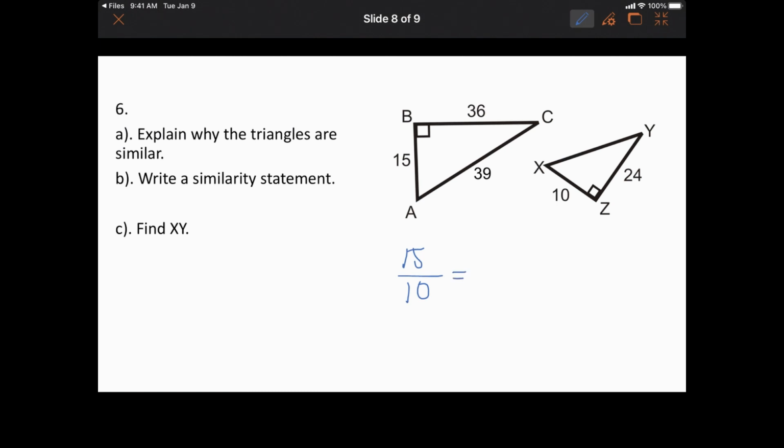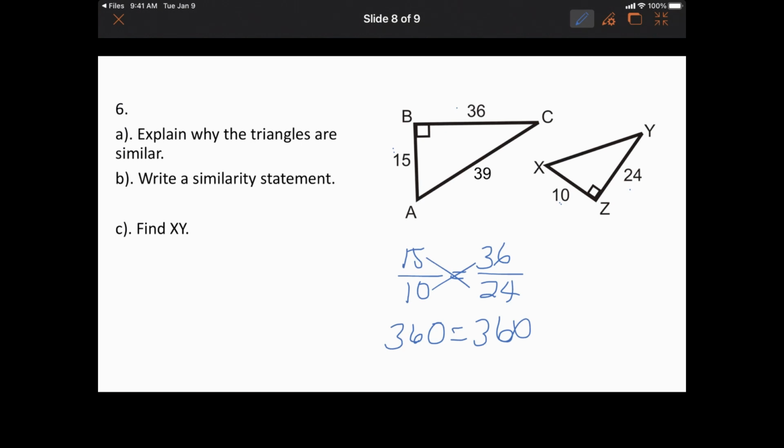It's smaller. And 36 is going to go with 24 because these are the two legs, not the hypotenuse. This one I'm going to cross multiply. So 360 and 15 times 24. So 360. Just confirming.